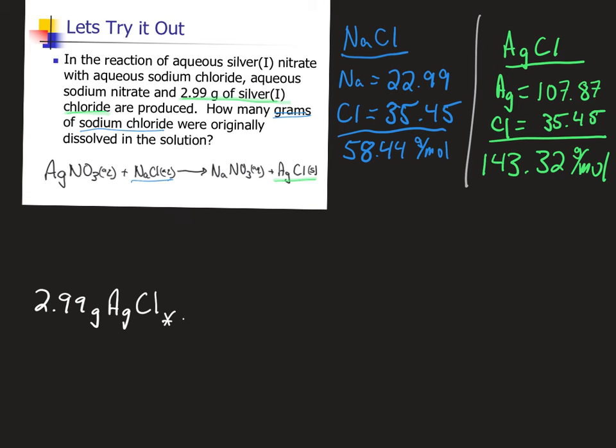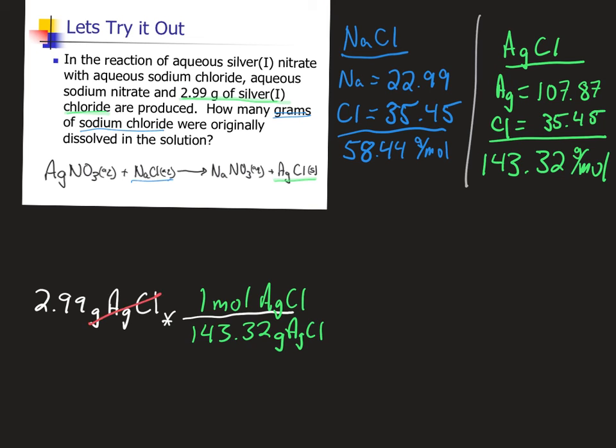If I want to get rid of the grams and move into moles, because when in doubt, convert to moles, because then we can do a lot, we use our molar mass of silver chloride, which is 143.32 grams of silver chloride per mole of silver chloride.